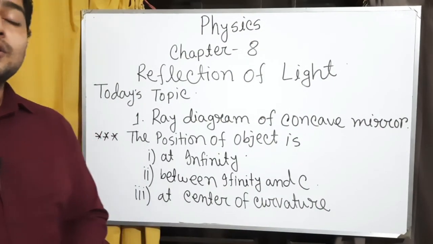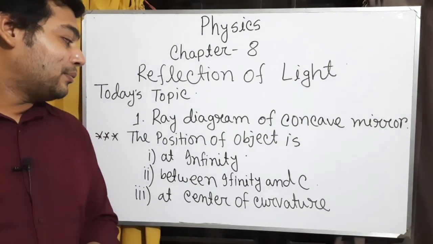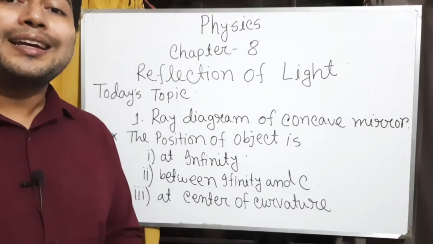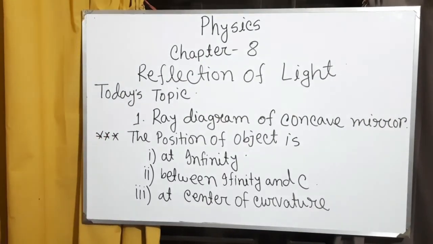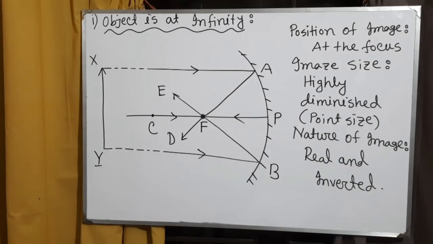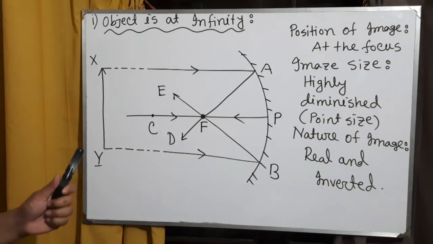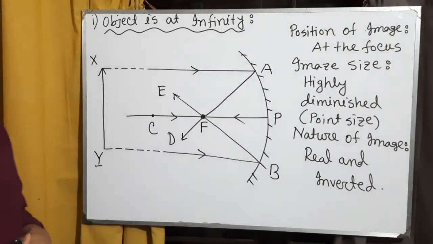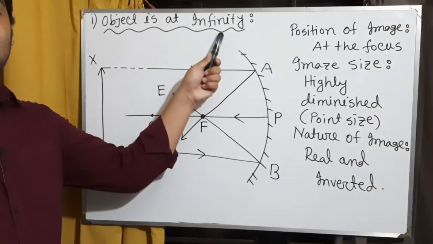Let's discuss these positions of object for image step by step. Our first point is the object placed at infinity.